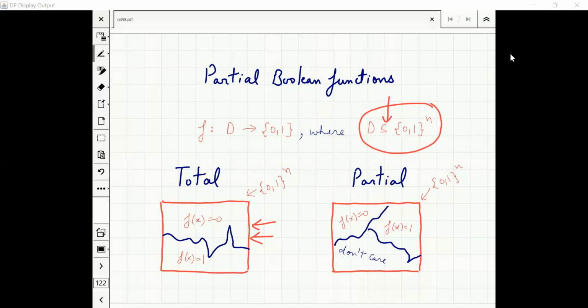Again, I'm not saying that the two elements here are close by Hamming distance or something. No. Just think of them as sets at this point of time. I can divide my inputs into two parts: inputs which are giving me function value 0, inputs which are giving me function value 1. This is called a total function because my domain is the total Boolean hypercube.